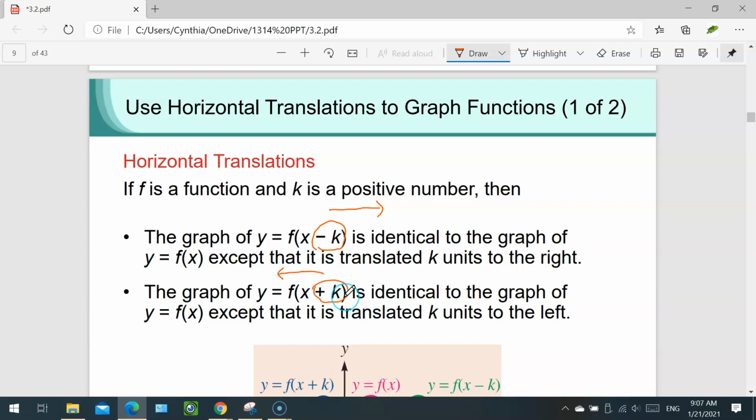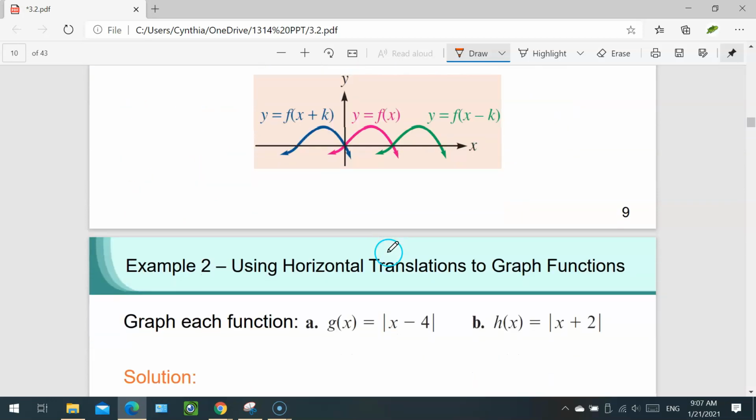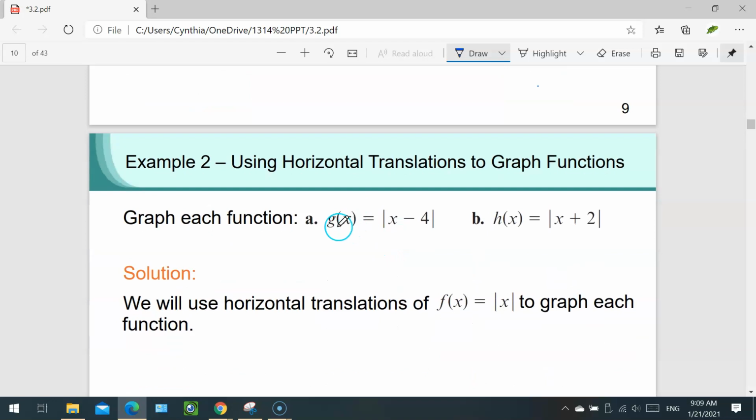So we look at the example here. g of x is equal to the absolute value of x minus 4. The basic absolute value function is a V shape passing through 0, 0.